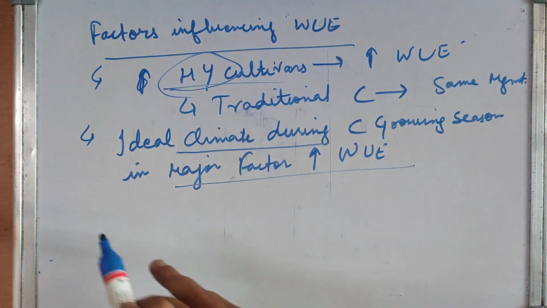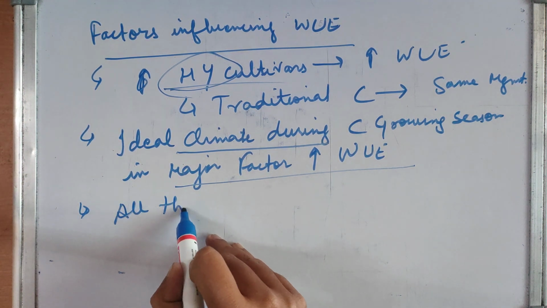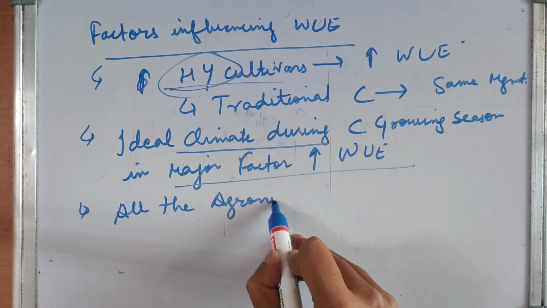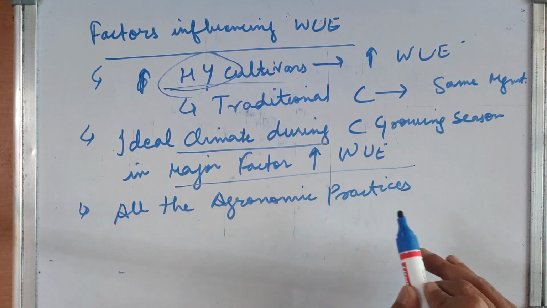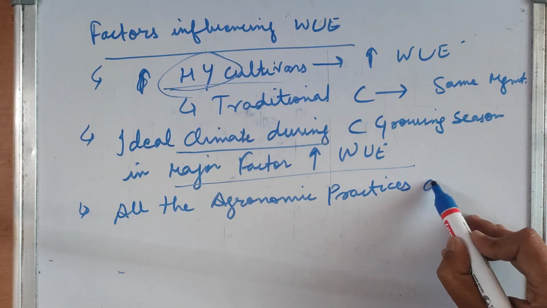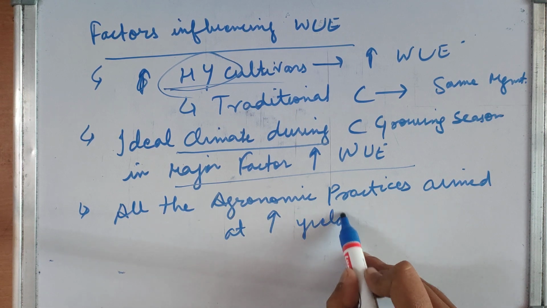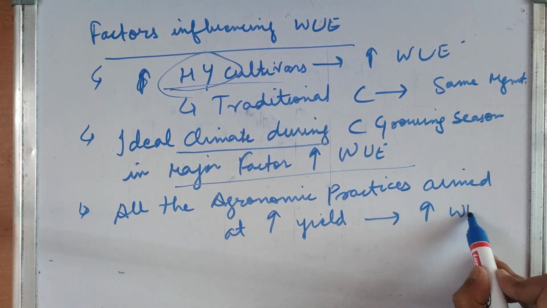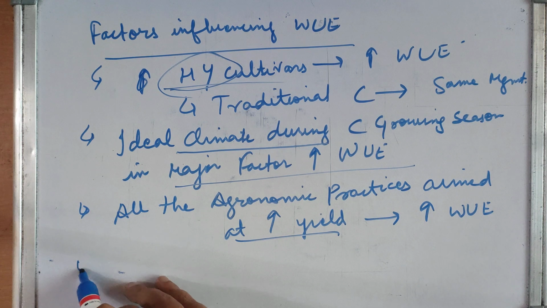All the agronomic practices aimed at high yield will contribute to high water use efficiency, because for high yield we do good agronomic activities like good fertilizers and good manuring, which enhance the crop's ability to use water efficiently.